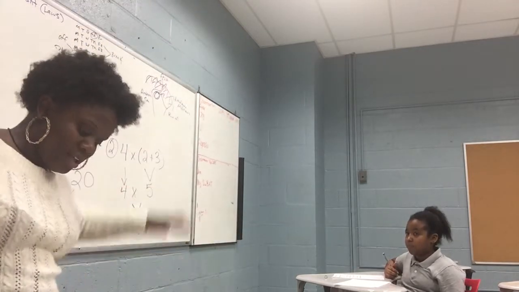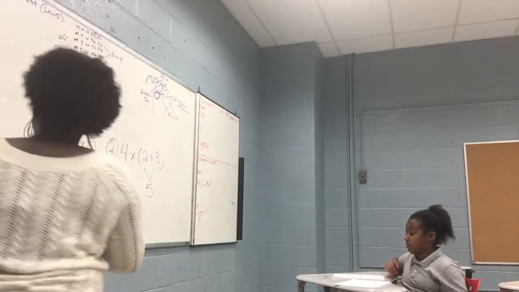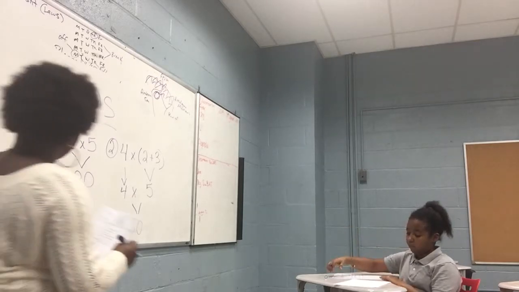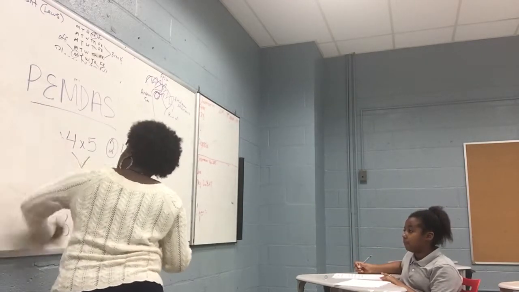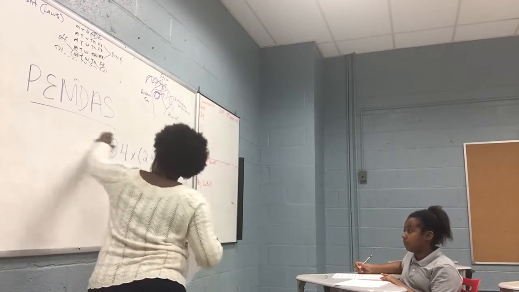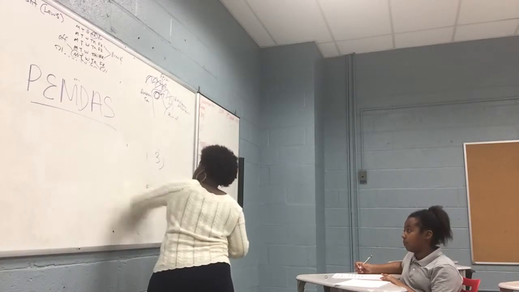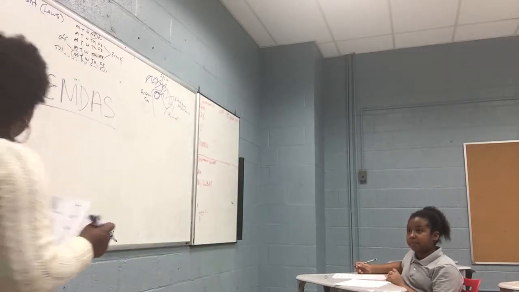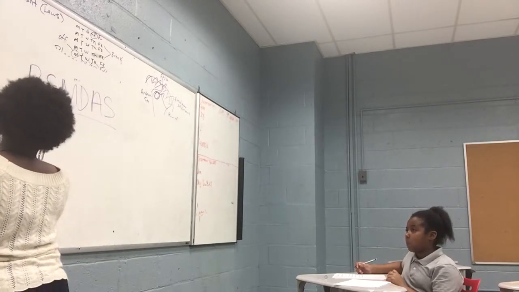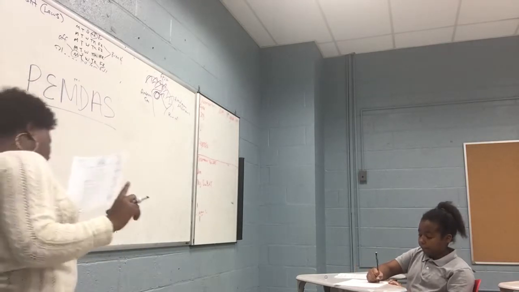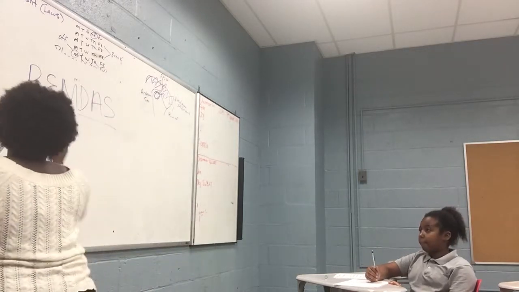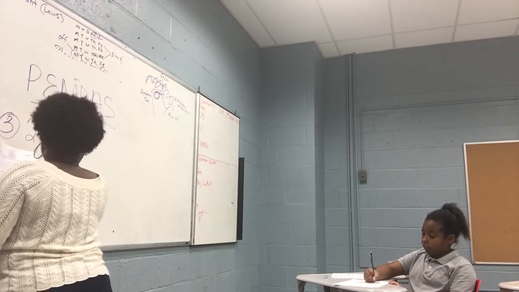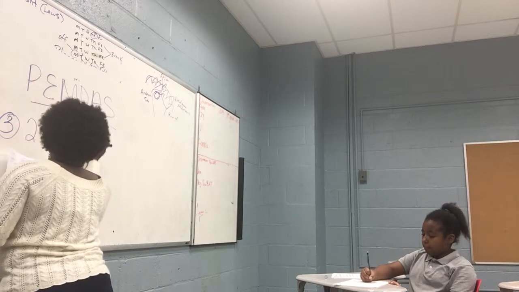We did a few problems, but we're going to do one more. I'll just write it right here. Did you write these down already? All right, so I can erase them. This is the third one, and the third problem is going to be a little tricky: 2 squared minus 3 times 4.